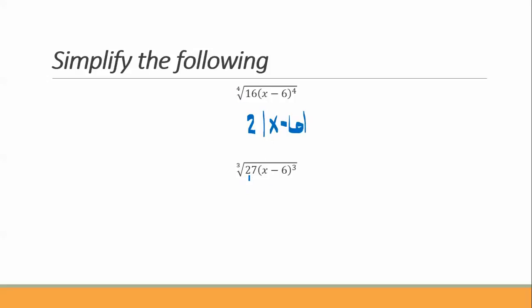The cube root of 27 times x minus 6 cubed. This is an odd root, so we don't need our absolute value. It's just going to be 3 times x minus 6 because the root and the exponent are the same. We have the cube root of 27 is 3, and the cube root of x minus 6 cubed is just x minus 6.